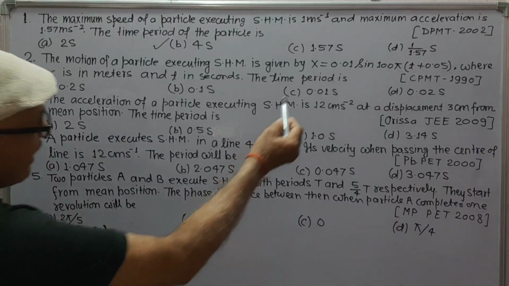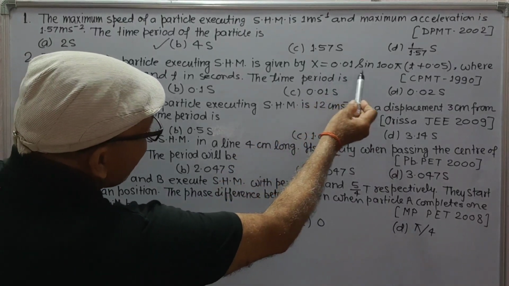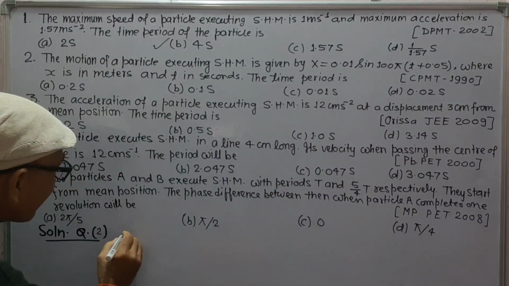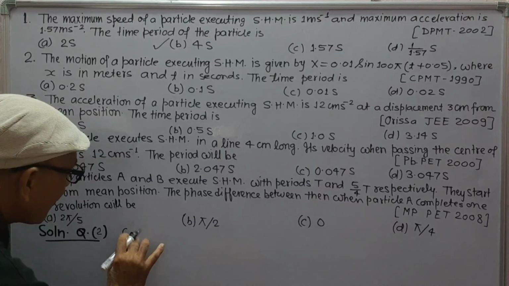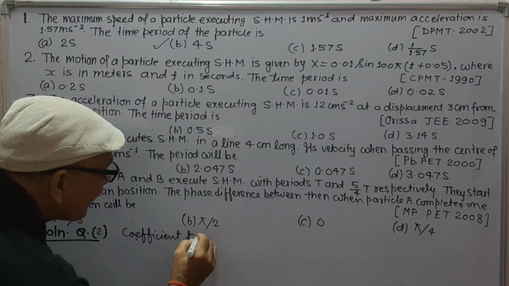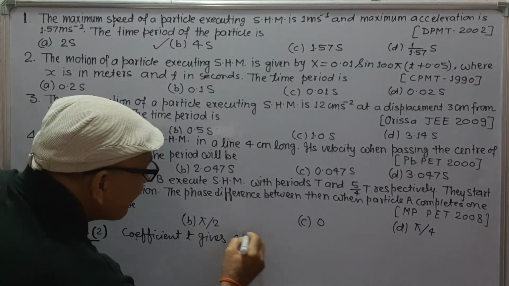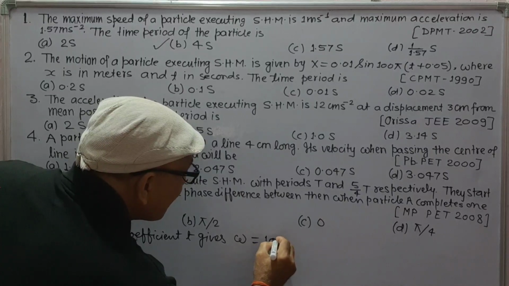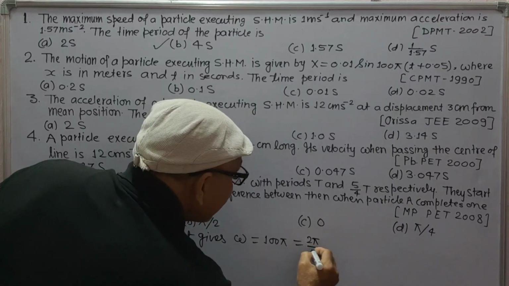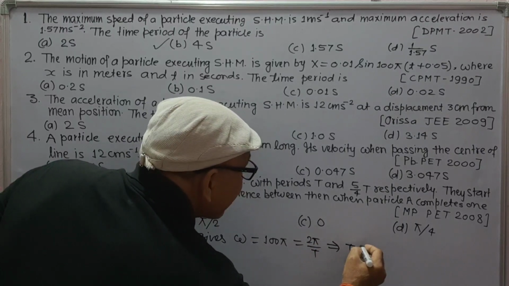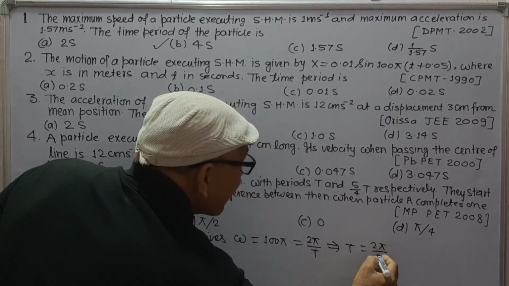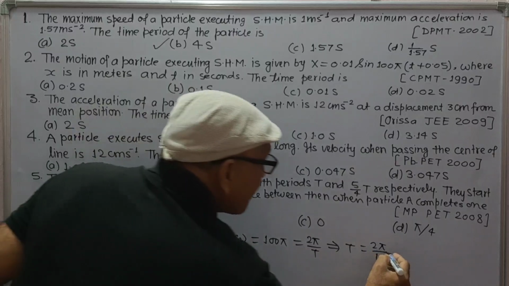Here coefficient of time is 100 pi, hence coefficient of t gives omega is equal to 100 pi and omega is 2 pi by T. So we get T as 2 pi upon 100 pi.